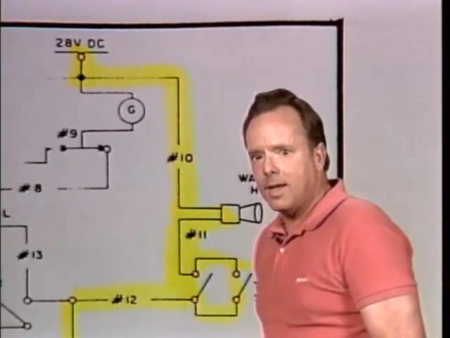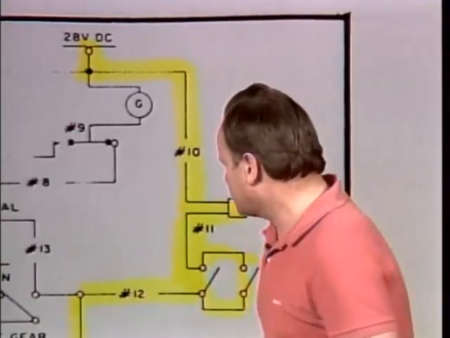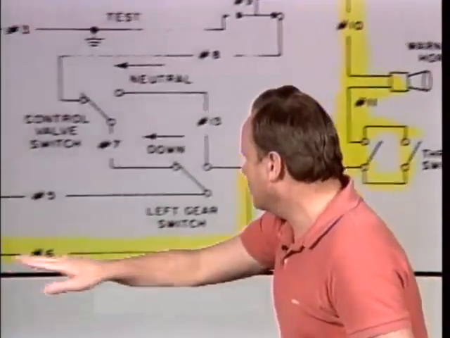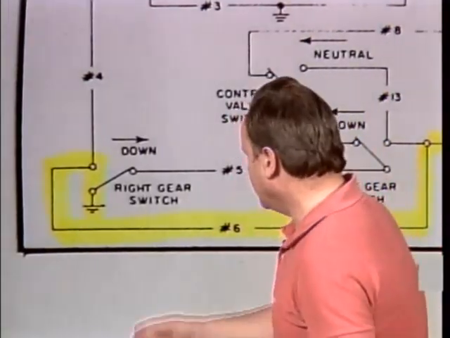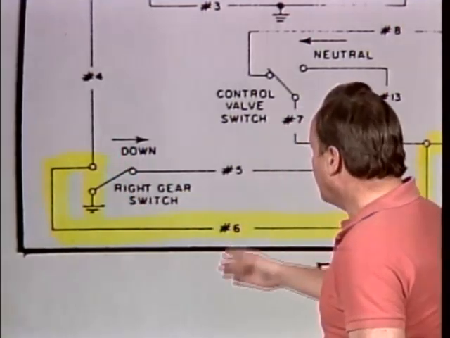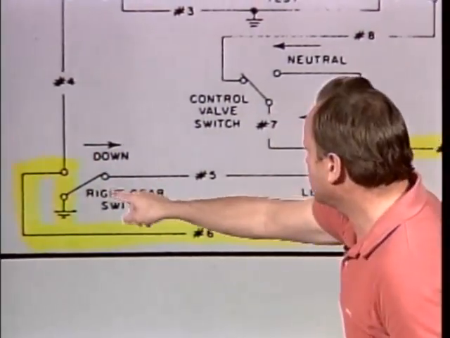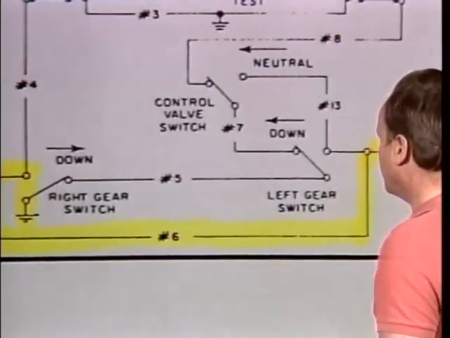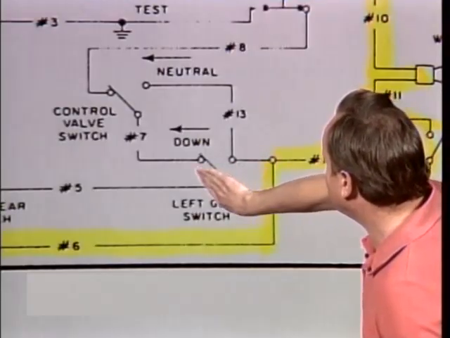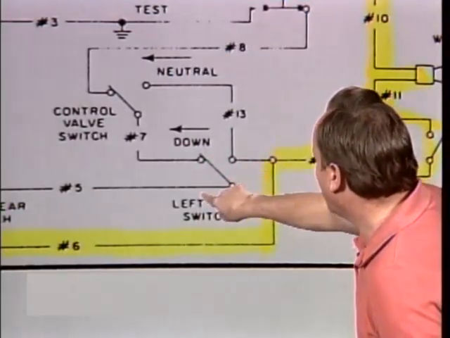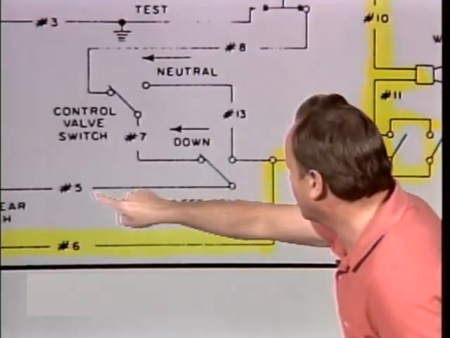So you can see that if you do have wire 6 with a continuous connection in it, the horn will sound when the right gear is up and the left gear is also up. Remember, the left-hand side of wire 5 is not connected. Let's go over here and see what would happen. Even though the left gear switch is up, it's only connected to wire 5 through wire 12. It's not grounded.